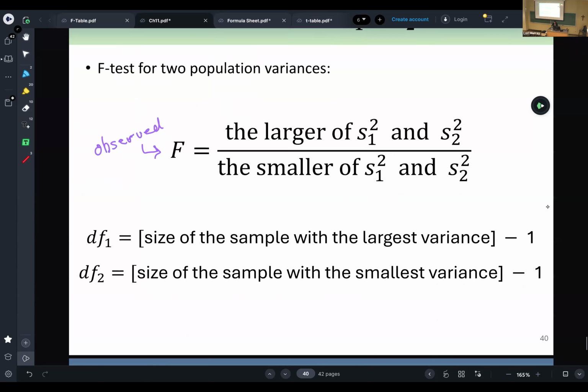And this F distribution has not 1 degree of freedom, it has 2 degrees of freedom. You've seen how the T is related to the Z normal distribution. F is related to the T distribution. Basically, if you have a T distribution and you square it, you have an F distribution.